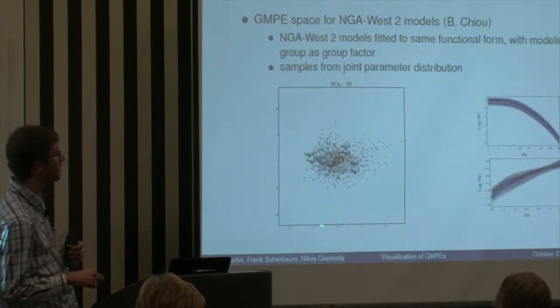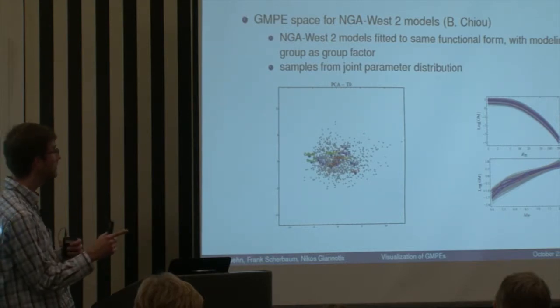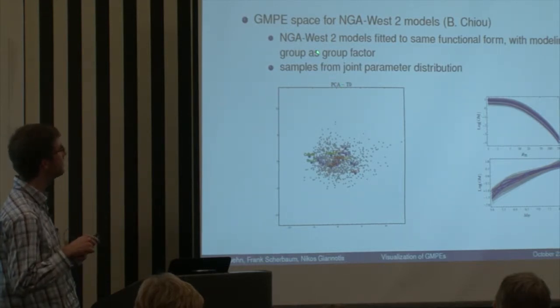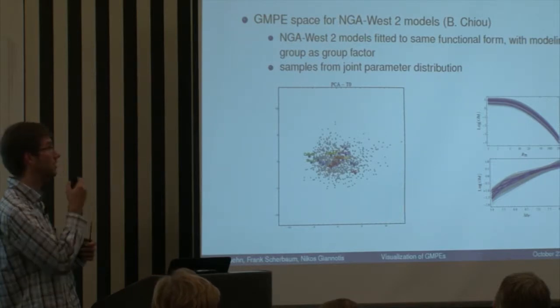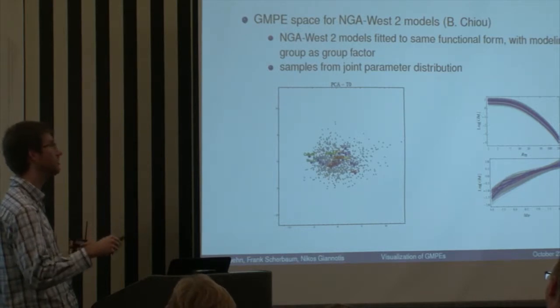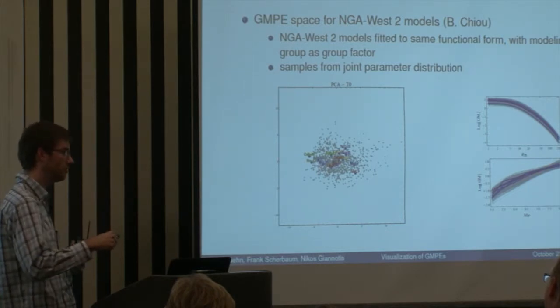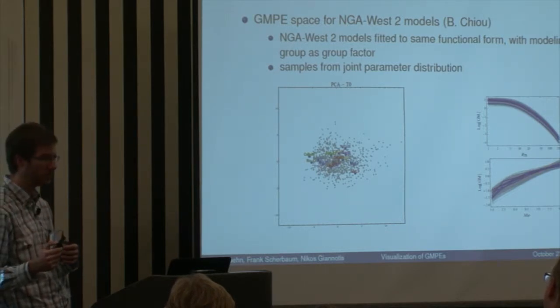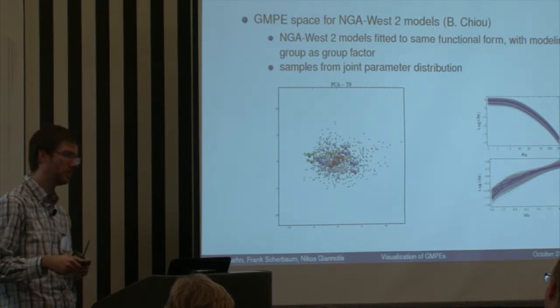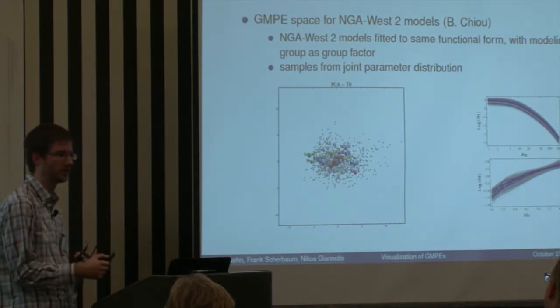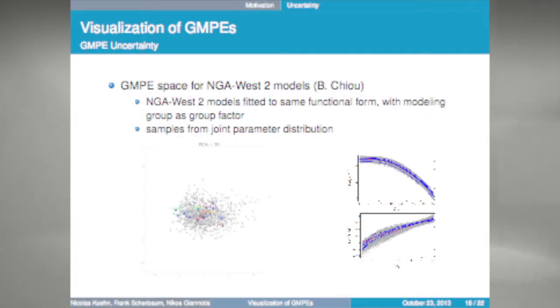This is something similar. This is what Brian showed. This is the GMPE space for the NGA West 2 models. What he did, and correct me if I'm wrong, is fit predictions of all 5 NGA West 2 models to the same functional form using mixed effects regression, with the GMPE modeling groups as the group factor instead of earthquakes.